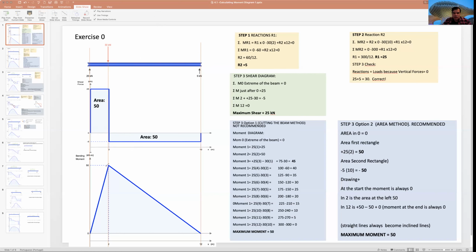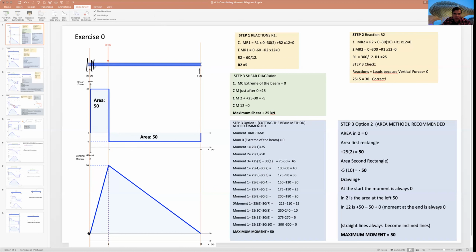Well, if we do the same for the bending moment and we cut the beam just near 0, it's 0. If we move a little bit more, it will be 25 multiplied by a small distance. If I am very near to 0, that will tend to be 0. If I move a little bit more, 0.0000 something, it will be almost 0.